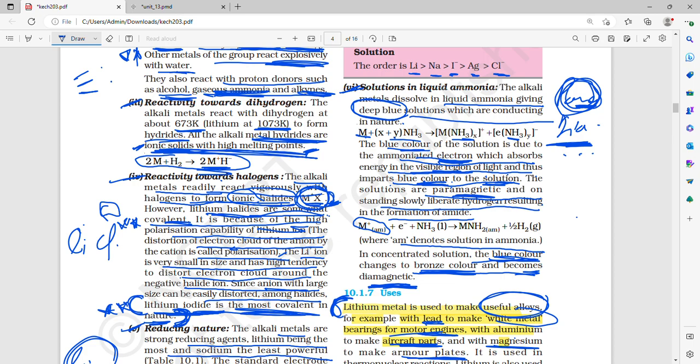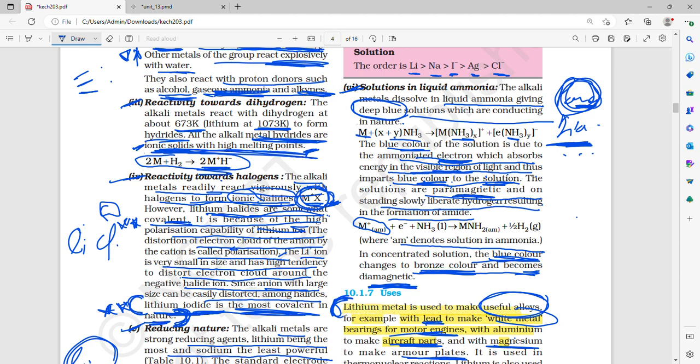So, solutions in liquid ammonia: when alkali metals dissolve in liquid ammonia, they give us deep blue solution. Why? This is because of the ammoniated electron, which absorbs energy in the visible region of light and imparts blue color to the solution. The solutions are paramagnetic, that is, they contain unpaired electrons, and on standing slowly they liberate hydrogen resulting in the formation of amide.